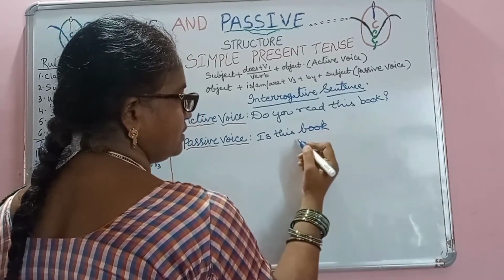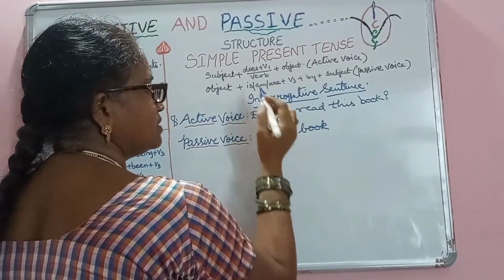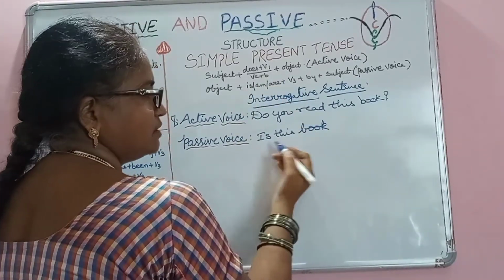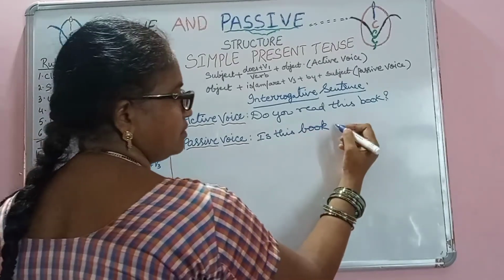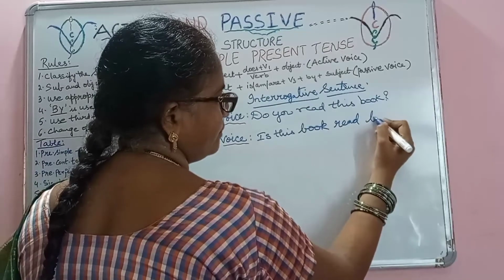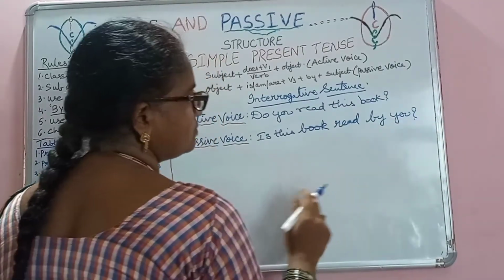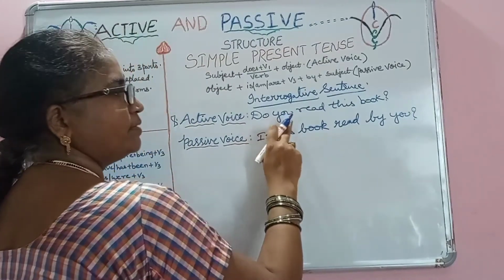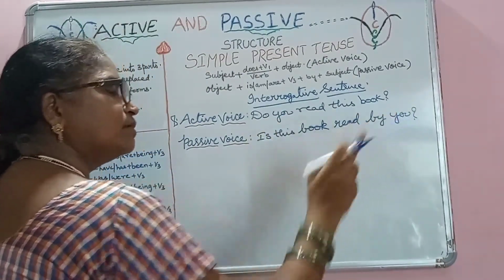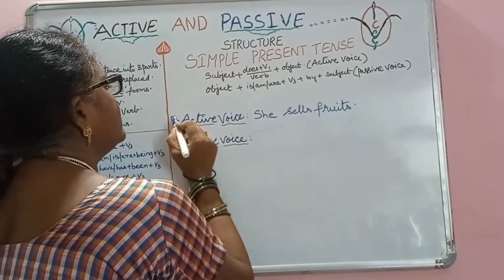See this book has come here, and do, does or a V1 or whatever it is used here. So in the change of pronouns from the active voice, you will be changed into you in the passive voice.